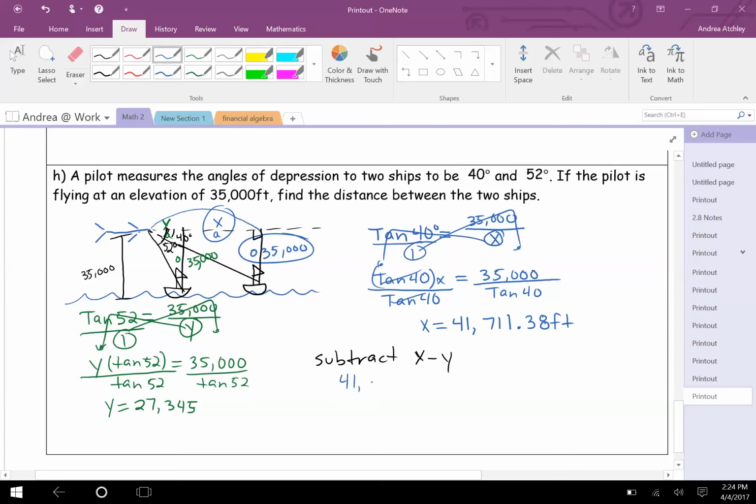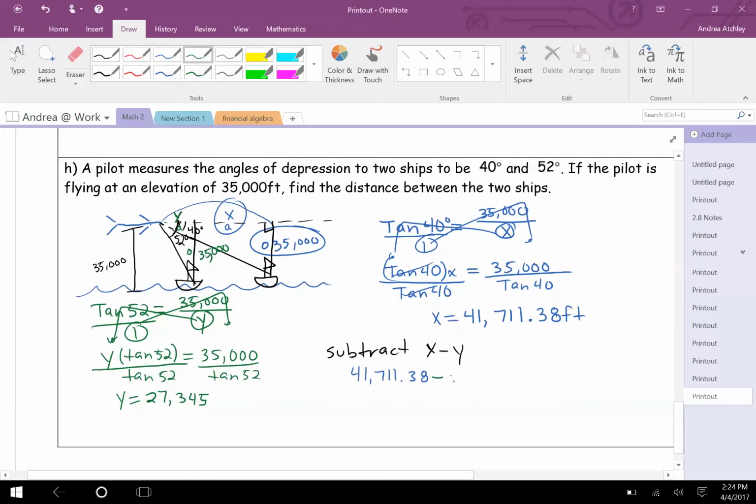So 41,711.38 minus 27,345. And I've got 14,366 feet. I'm going to round that.